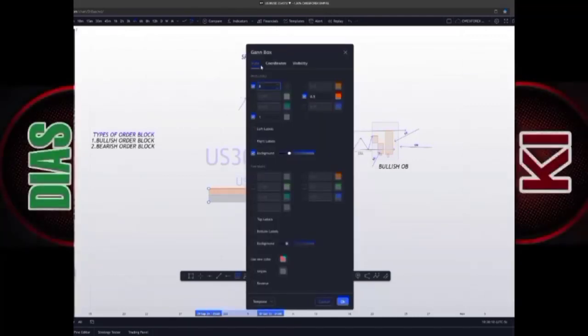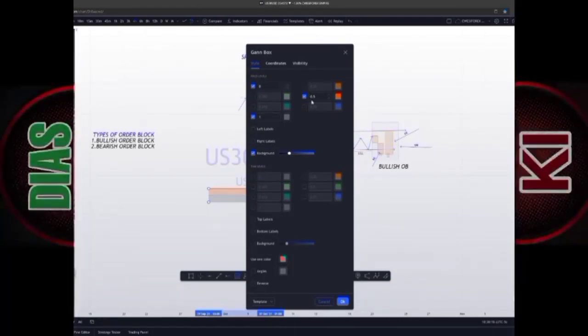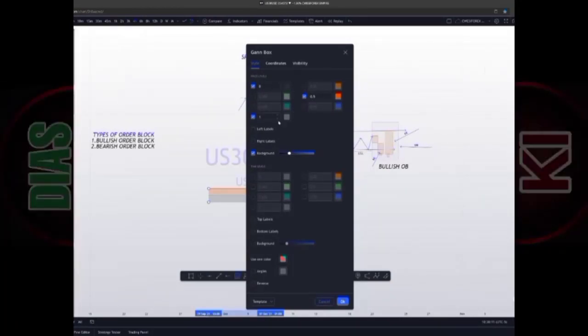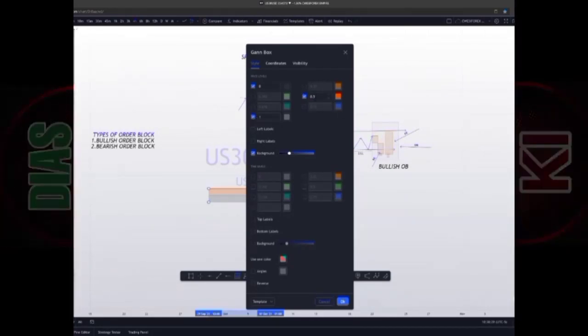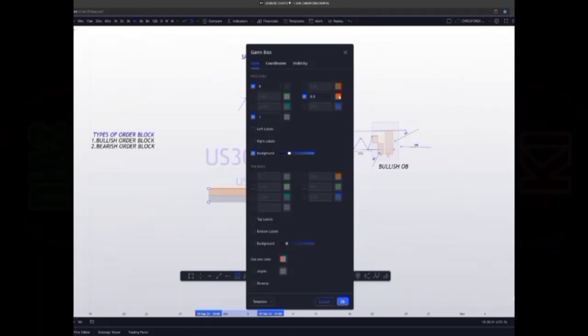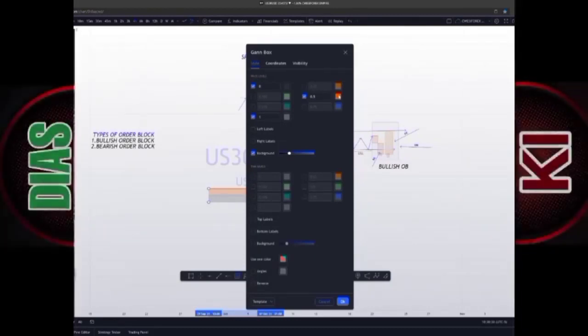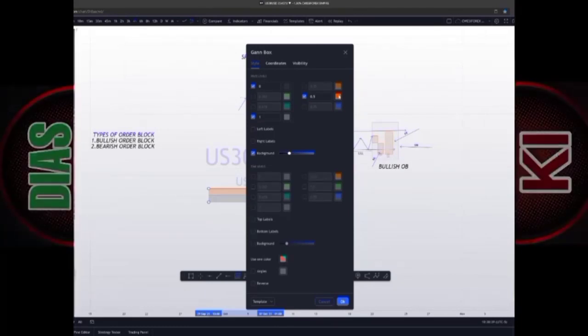So bring it out. You come to style. When you come to style, we have the 50%. We have these colors. The prices that we'll be using are the 0%, the 1%, which is 100%, and the middle one, which is the 50%. So you can customize it in your own way, the color that you prefer. So I have the 50% to be orange, the 1% to be gray.